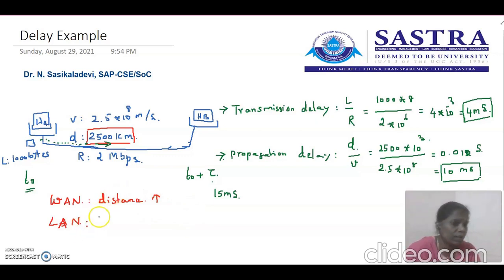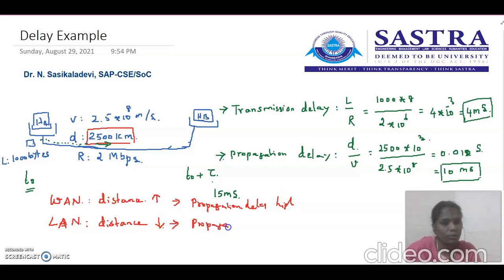If you take a local area network, the distance between the nodes is very less, so the propagation delay will be low, because the distance is in terms of meters: 2 meters, 2.5 meters or 3 meters.